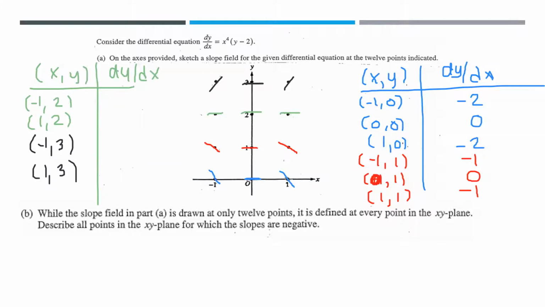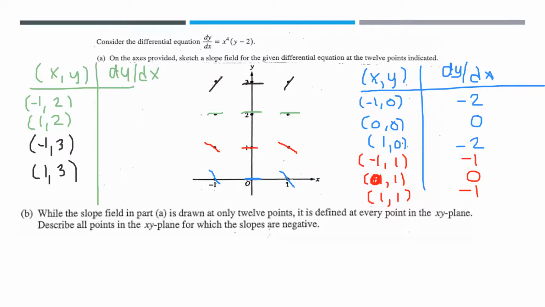Part B: while the slope field in part A is only drawn at 12 points, it is defined at every point in the xy plane. Describe all points in the xy plane for which the slopes are negative. So if you think about this, the slopes are going to be negative for all y values that are going to make that y minus 2 negative.